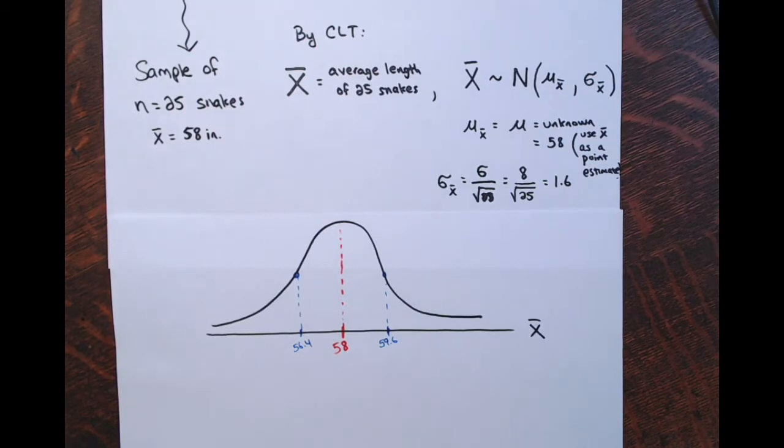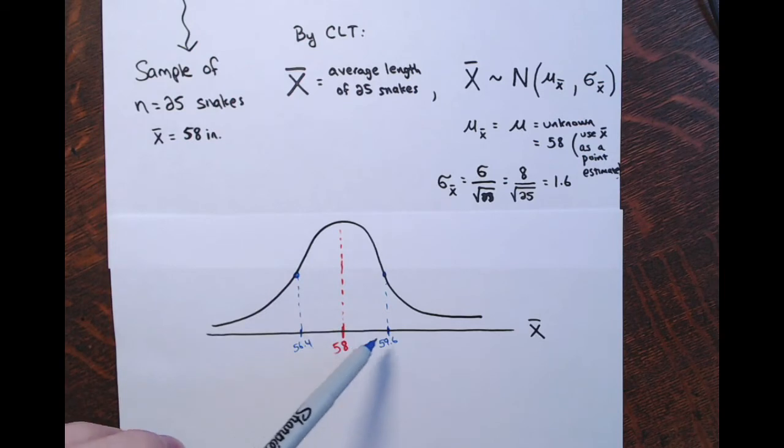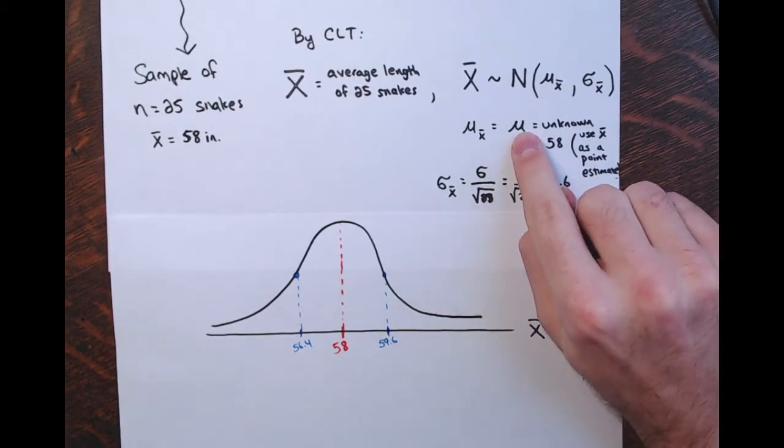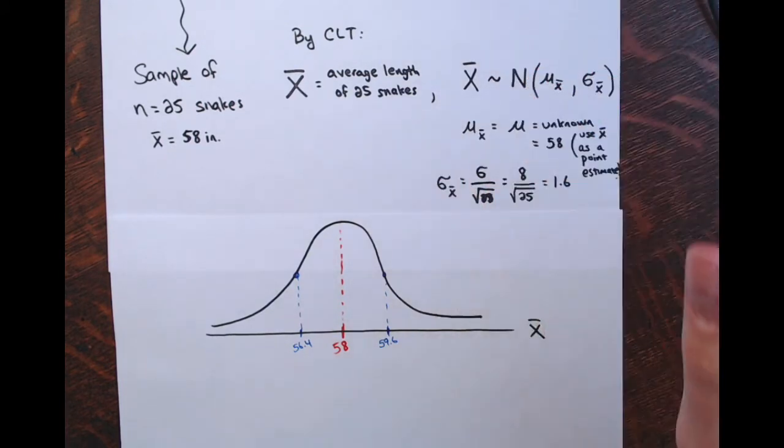And if you recall from the empirical rule, approximately 68% of the area is under here. So if my confidence level was only 68%, I would say I'm 68% confident that the value of mu, the actual mean length of all adult corn snakes, is between 56.4 and 59.6 inches. But that's only 68% confidence.